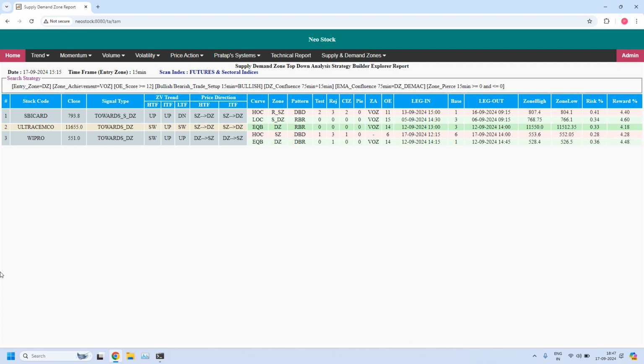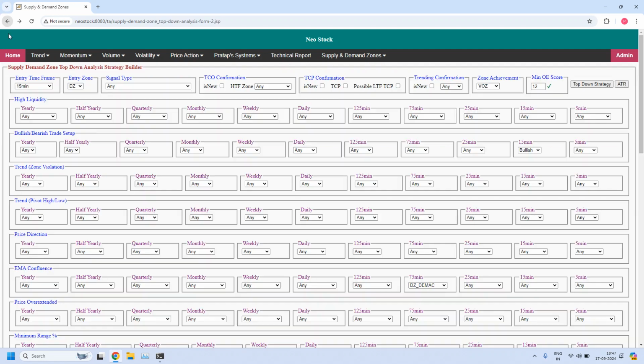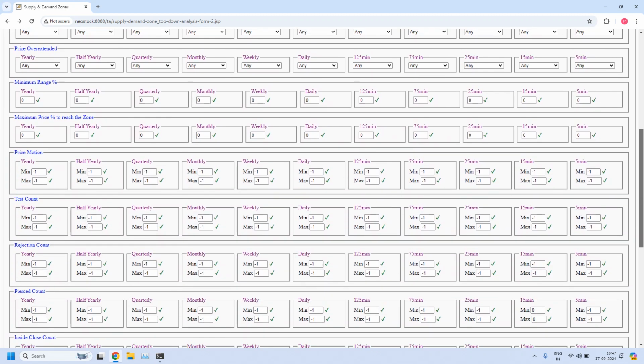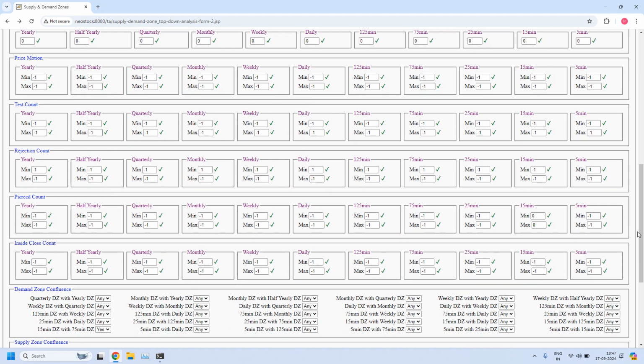Now let's verify again how many stocks are having LTF, ITF, HTF confluence. First we need to remove the EMA filter. So 15 minutes and 75 minutes together part of the daily zone. So 15 minute and 75 minute zone confluence is already enabled. Now I am enabling 15 minute demand zone with daily, and also 75 minute demand zone with daily demand zone confluence.